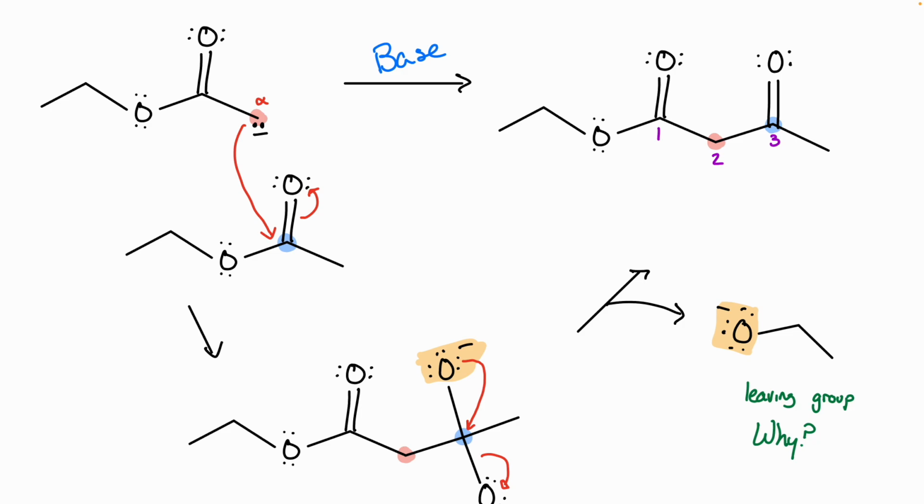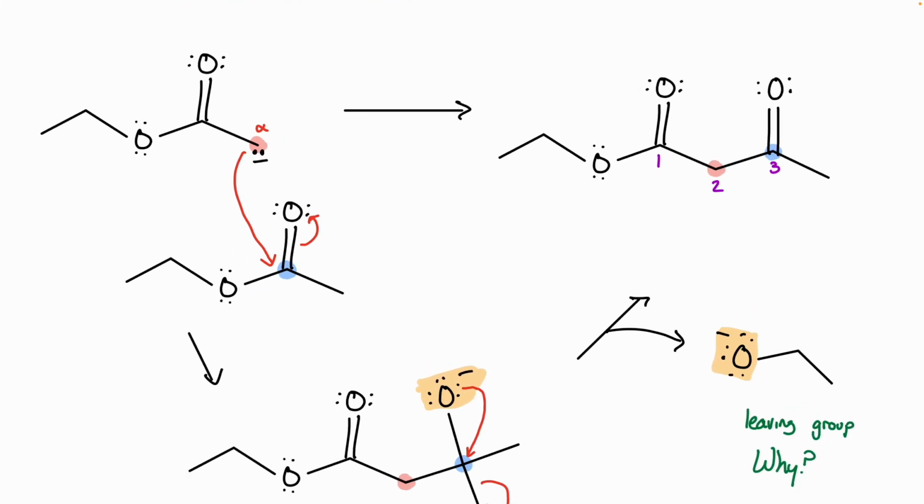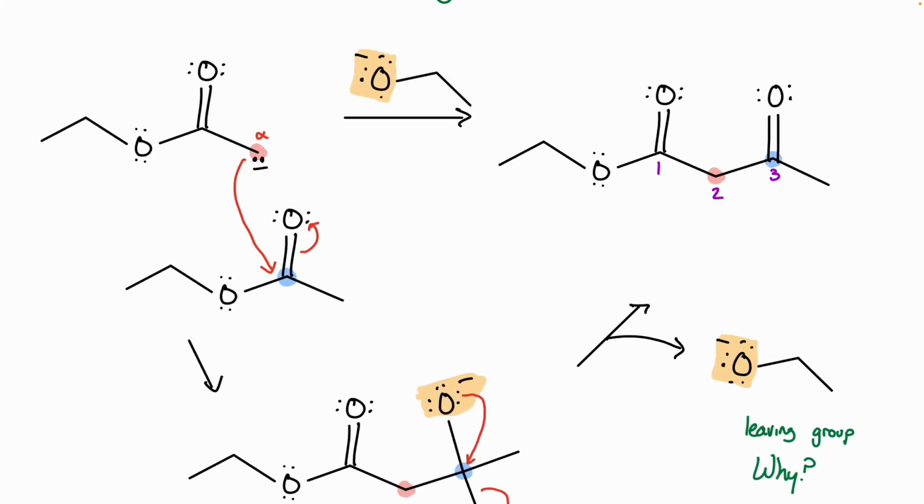And then, last thing, I said base. What should we use as our base? Well, notice that our leaving group is itself a very good base. So when we do these Claisen condensation reactions, we're clever to use our leaving group as our base. That way, when it gets kicked off, all we've done is replenish the supply of base in that mix, right?